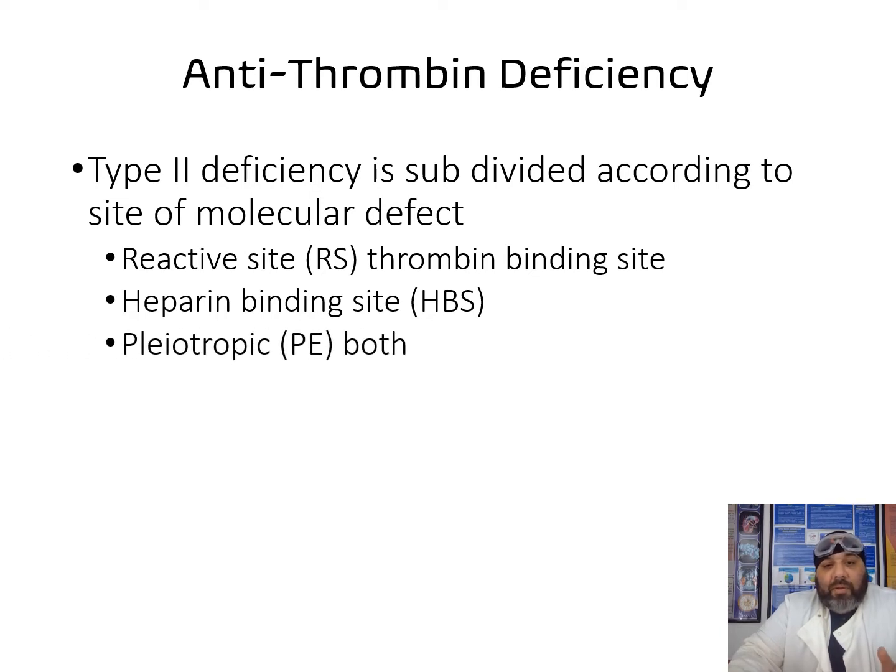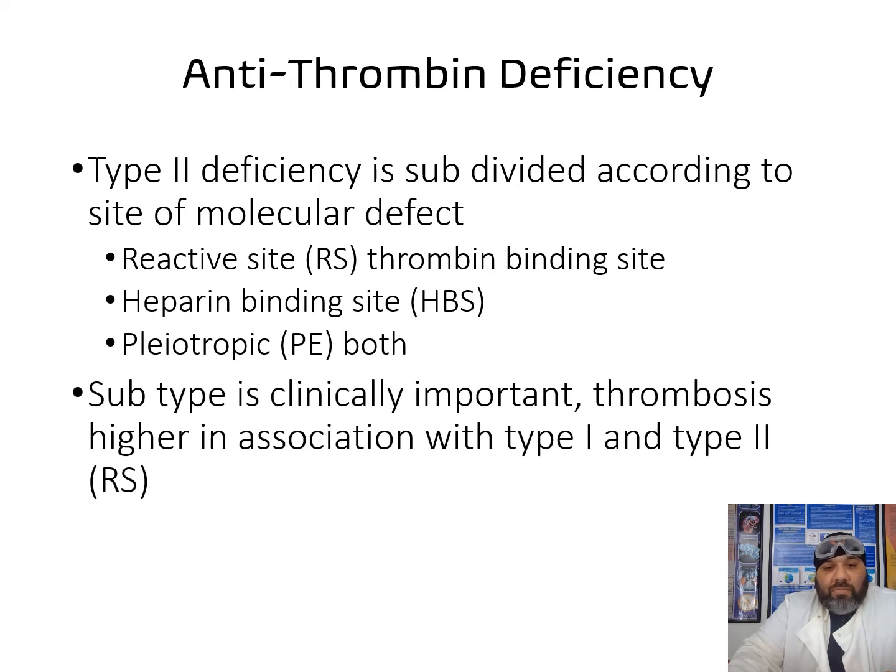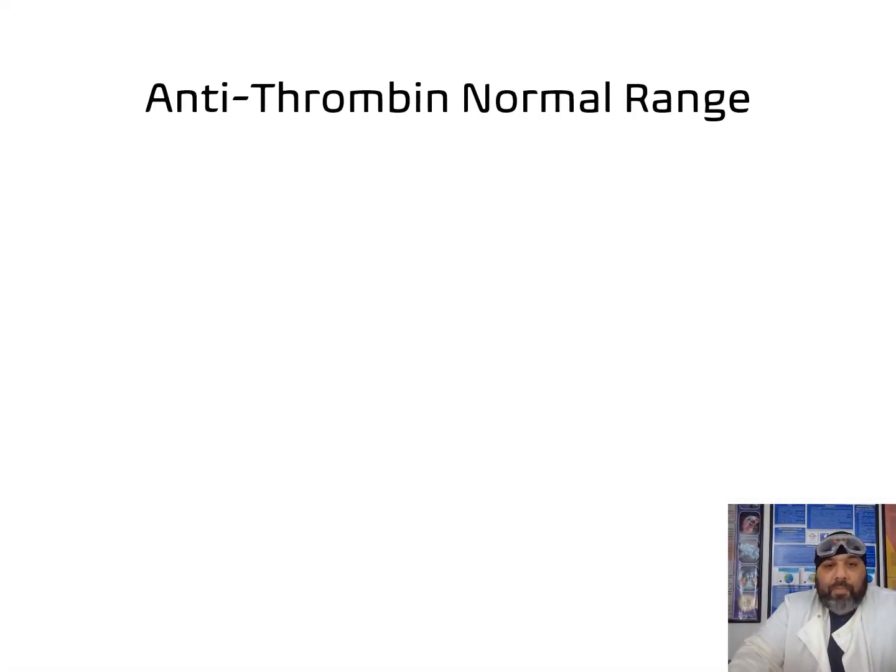There can be both, where type 2 deficiency has an interactive link between a thrombin binding site and a heparin binding site, and so can also be identified as pleiotropic. The subtype can be, and generally is, clinically important. Thrombosis is higher in association with type 1 and type 2.